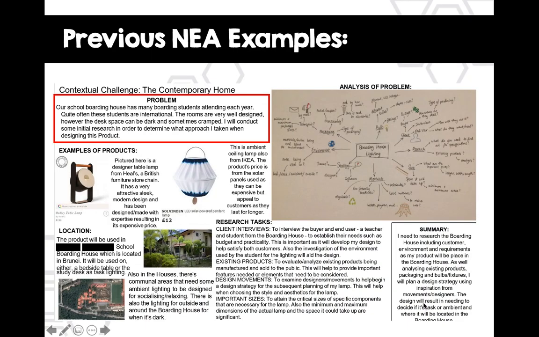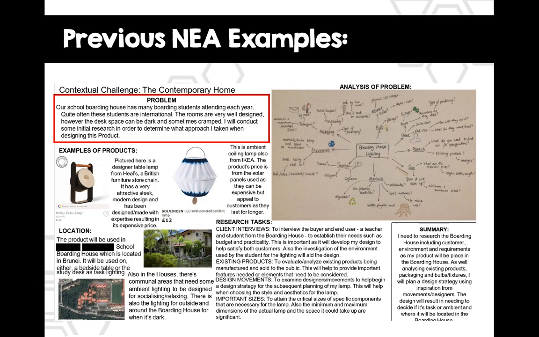So looking back at some NEA examples, this person chose to do the contemporary home for their contextual challenge. And the problem that they came up with was their school boarding house has many boarding students attending each year. Quite often these students are international. The rooms are very well designed, however the desk space can be dark and sometimes cramped.